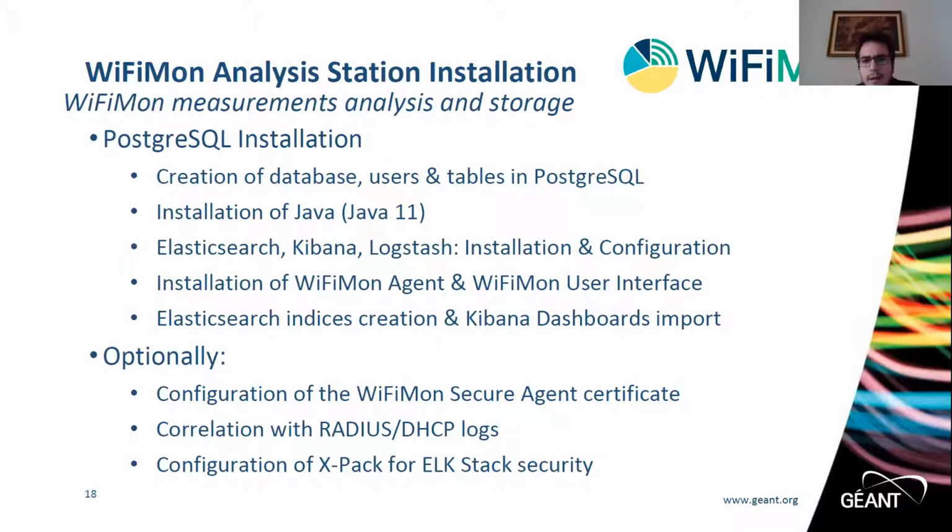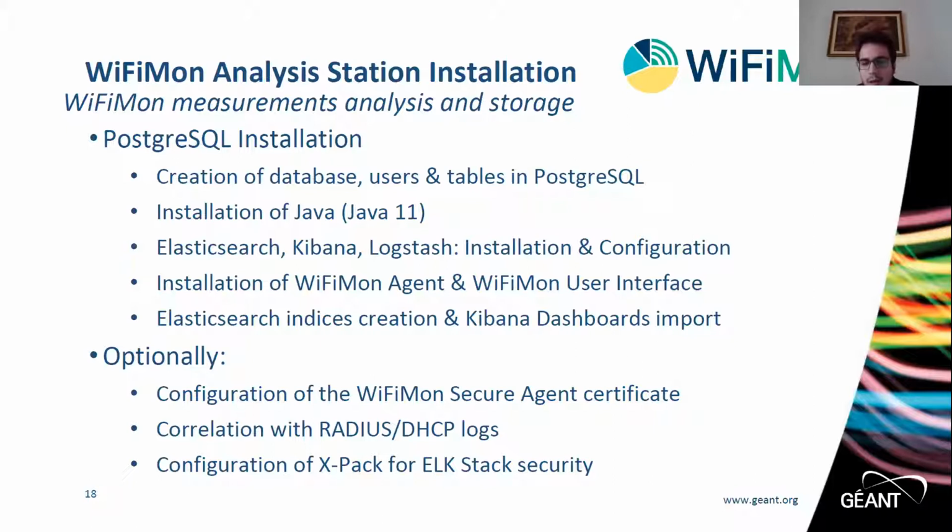And to install the analysis station, you just install PostgreSQL, configure databases, etc., install Java, install and configure the ELK cluster, use the Java code for the WiFiMon agent and the WiFiMon UI, create indices in Elasticsearch or import pre-configured dashboards, and optionally, but important, you can configure the WiFiMon secure agent, which is with the Wi-Fi analysis station working over HTTPS.